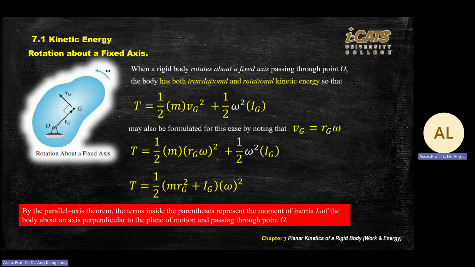If you have an object pinned to something and rotating, for example your aircraft blade, your kinetic energy is no longer half m v squared, but half I omega squared. This equation combines two motions, translation and rotation, or we call it general plane motion.